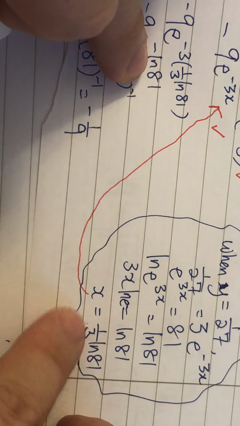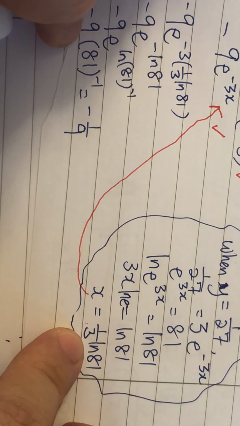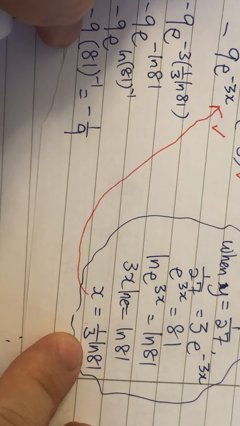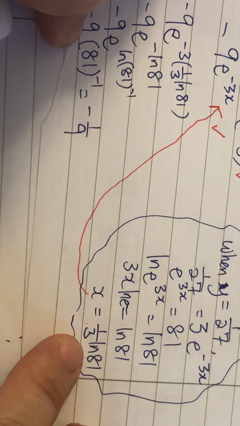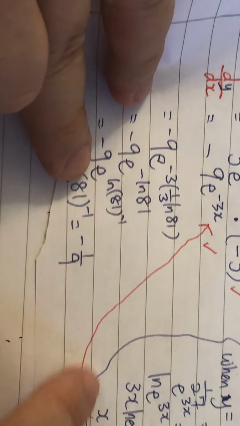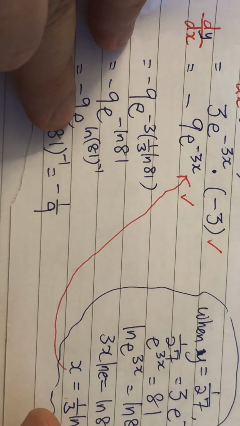I didn't change to decimal. Why? Because the question may force you to give the exact form. If you write in decimal, you won't be able to get the exact form. Okay, so let me show you how to do it. This question is a little bit tough for you at this stage.